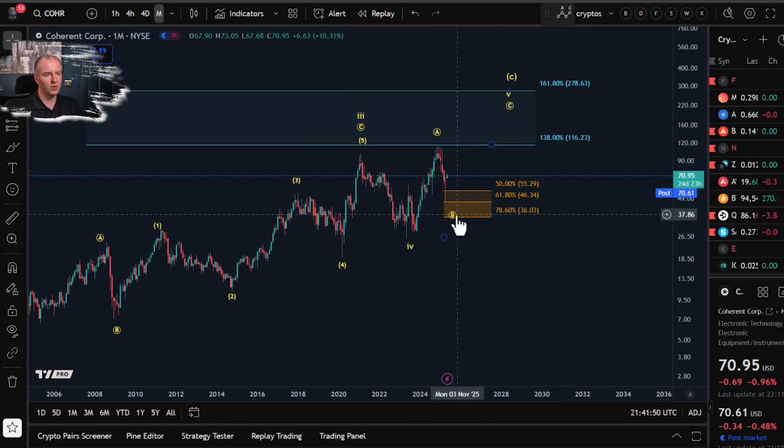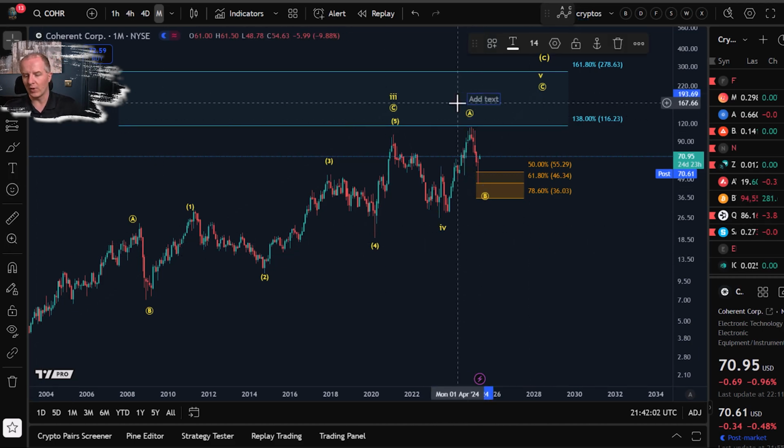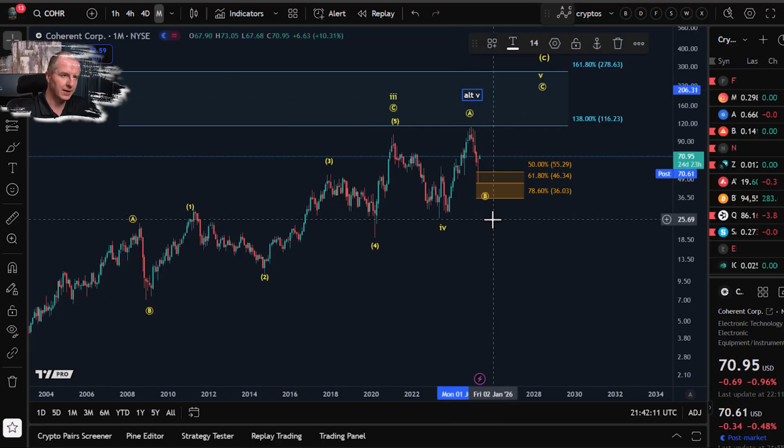And as long as we're holding $36, at least don't get a decisive break below, I can watch for one more high. Now I could say, okay, then we will label it with the alternative, where we'll say, maybe this is already the top? I can do that. But I don't know until I get a break below support, okay?